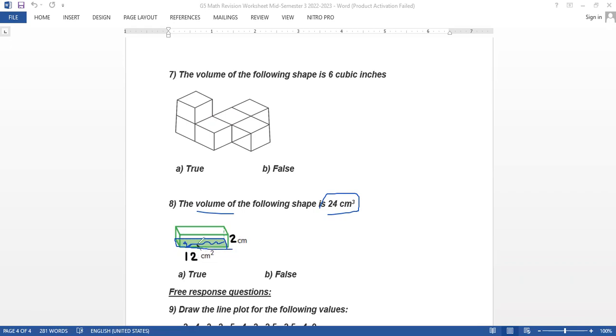So directly I multiply the area of the base, which is 12, by 2, which is the height. 12 times 2 is 24, so it's true. In this case, we are not given the length, width, and height. We are given the area of the base, which is 12, and the height, which is 2. The area of the base represents length times width, as you can see.